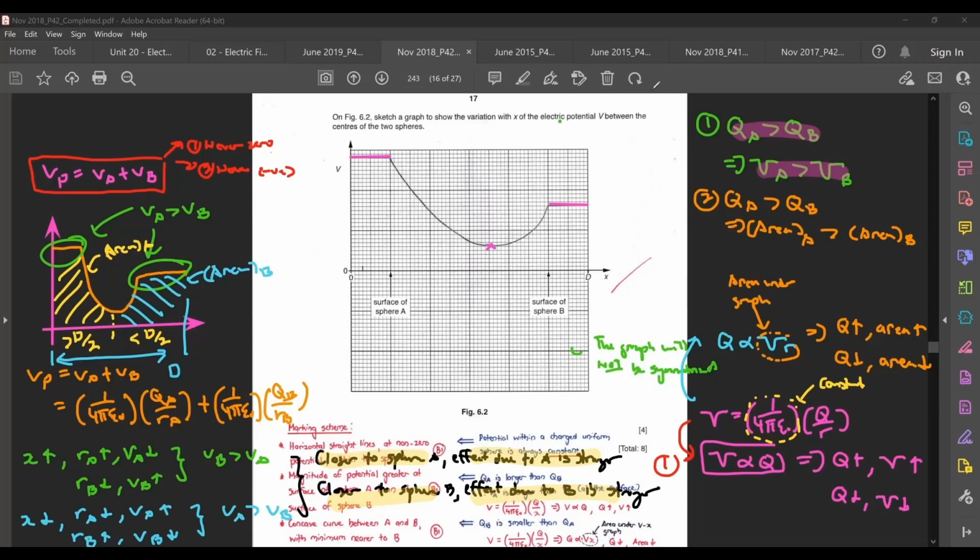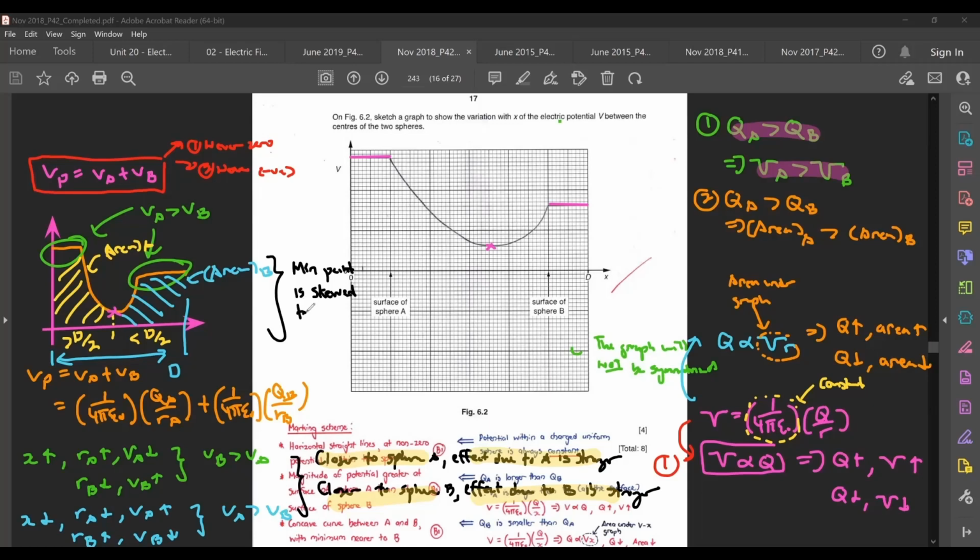Okay, so this one I think I probably should write somewhere here. The minimum point is skewed towards the right.